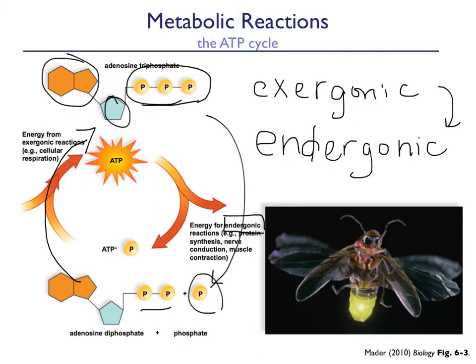So in order to drive the endergonic reaction, we need an exergonic reaction. An exergonic reaction that can provide the energy to build up more ATP would be, for example, cellular respiration. So we can couple reactions together, one that releases energy with one that requires energy, to drive reactions in the cell.